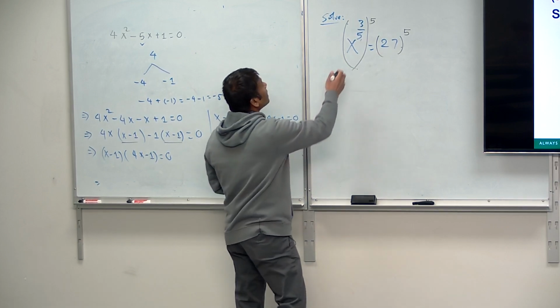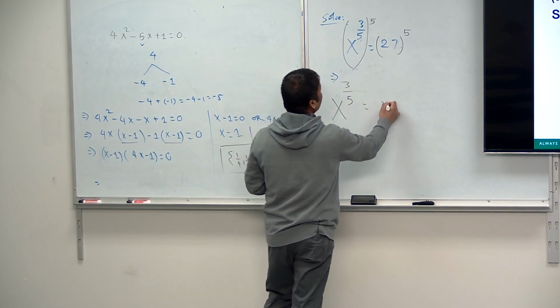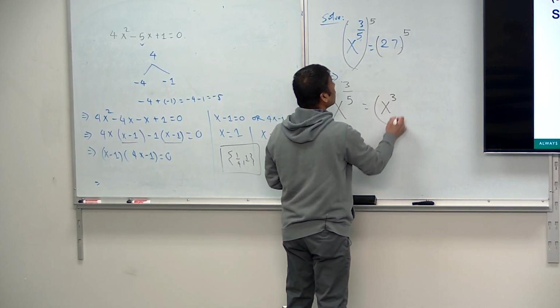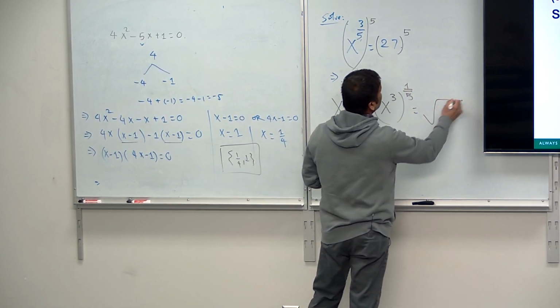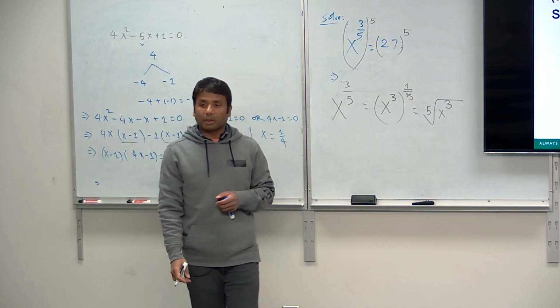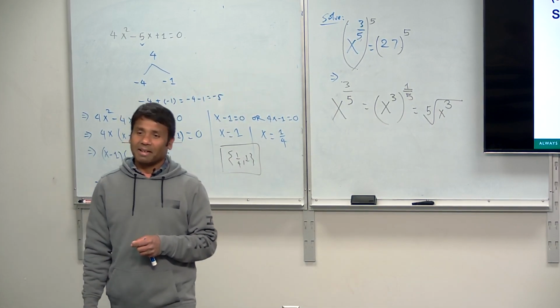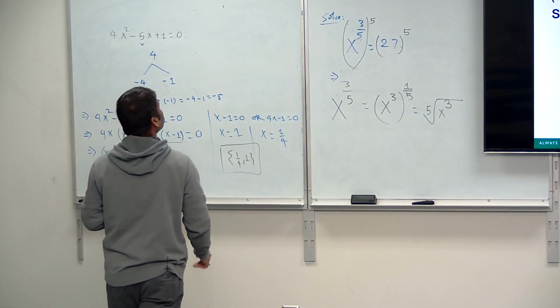Because x to the power 3 over 5 is the same as x cubed raised to the power 1 over 5, which is the same as the fifth root of x cubed. Are you with me? You know that, right?